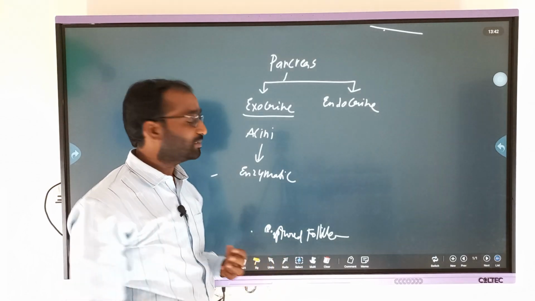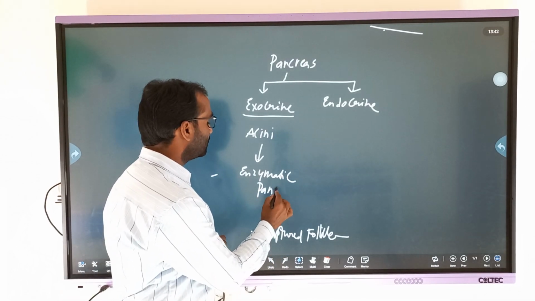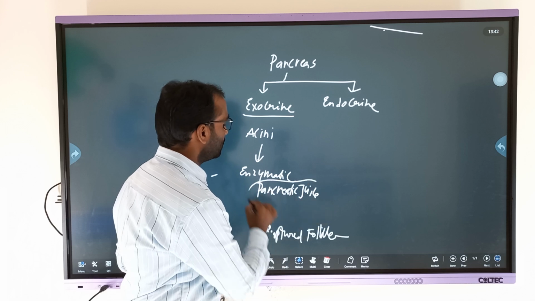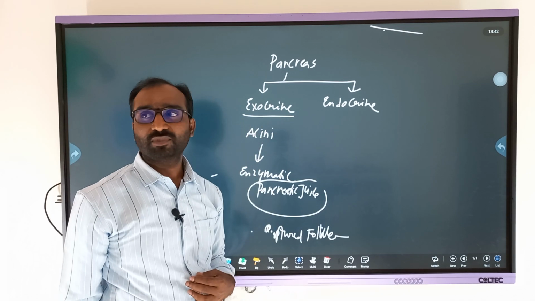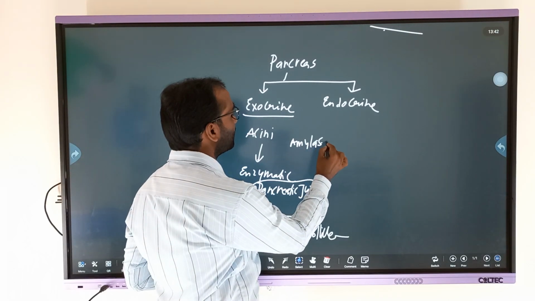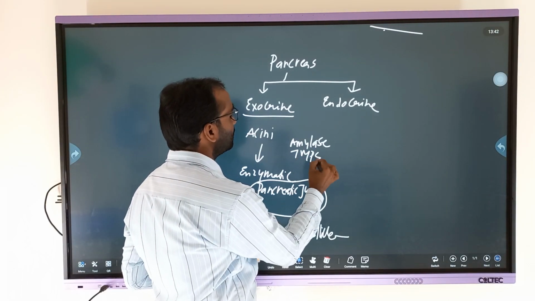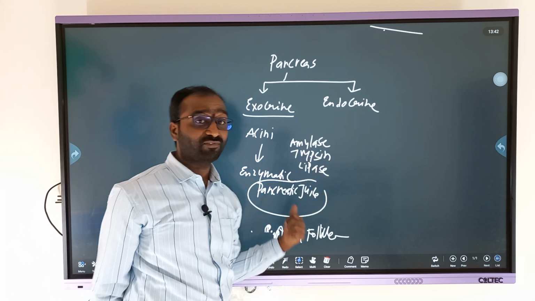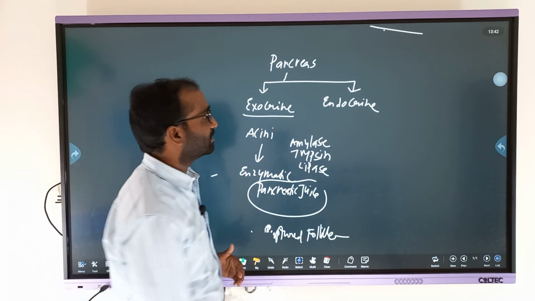What is the secretion here? Pancreatic juice. Pancreatic juice releases what? Pancreatic amylase, pancreatic trypsin, then pancreatic lipase. Here L for lipase, L for lipids.